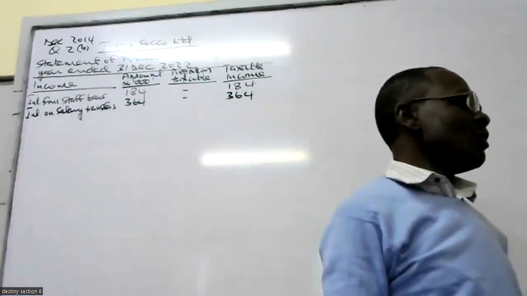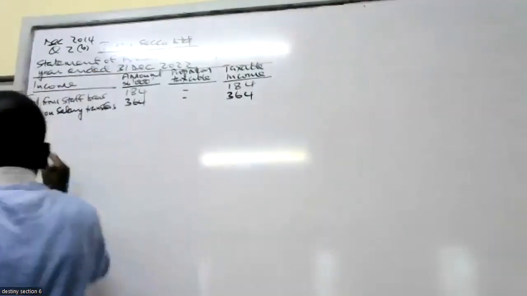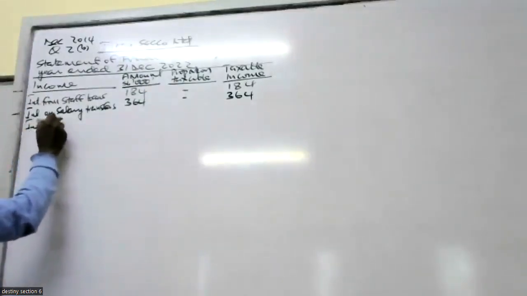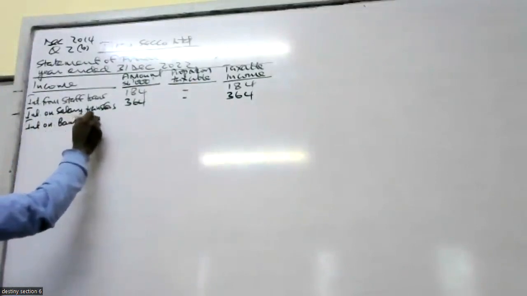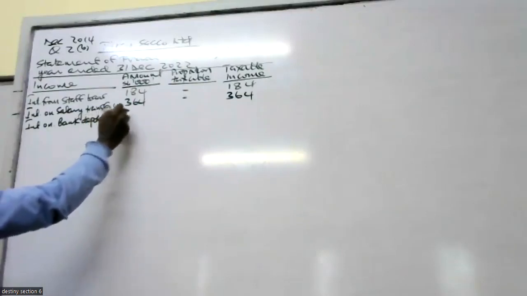The interest on bank deposits is 630. So we have interest on bank deposits. We shall assume this amount is gross.